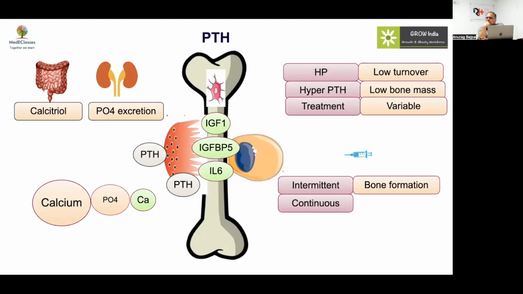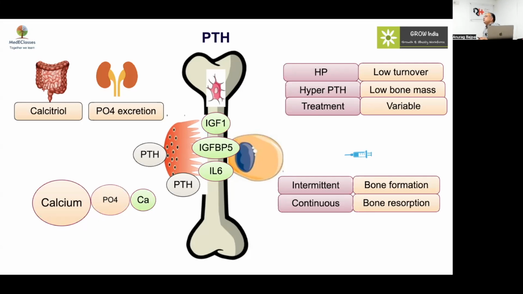Infusion, like insulin? So do we give subcutaneous infusion or subcutaneous injections? So not the infusion. If you give continuous PTH, like continuous infusion, you will have bone resorption. But if you give intermittent, once-daily PTH, that will give you more bone formation.